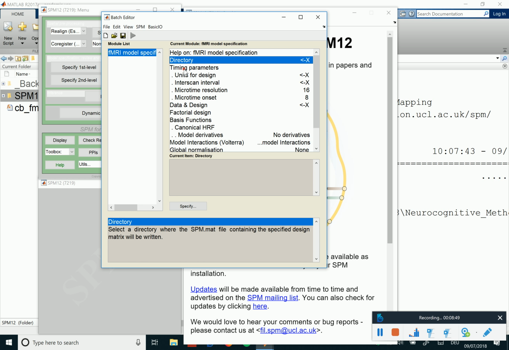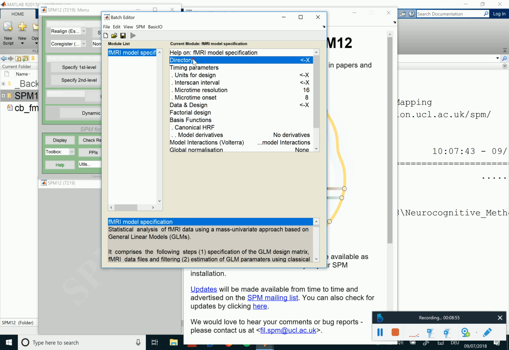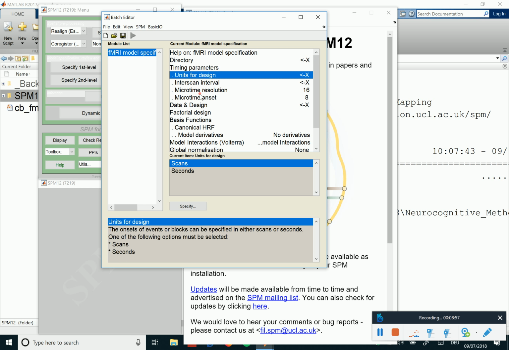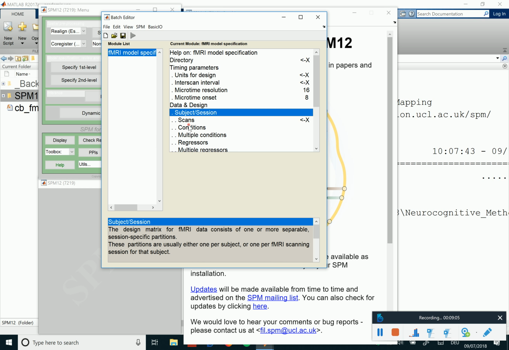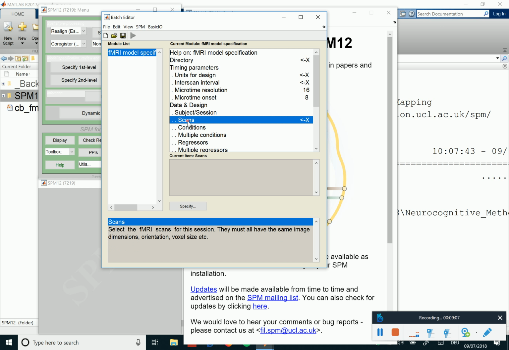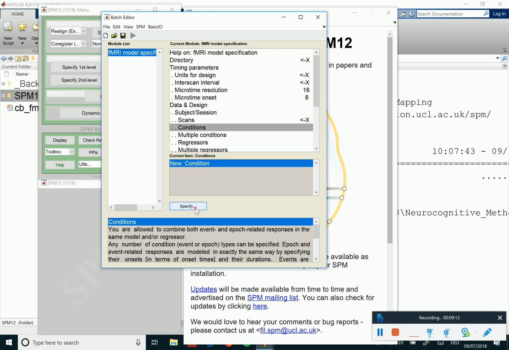So if we want to specify the fMRI model, which is a design matrix, we have to specify the things that we have already specified, and then we need to specify for each participant and each run essentially the data, which is the scans, and then the conditions.